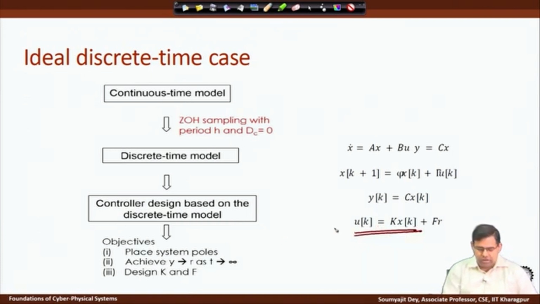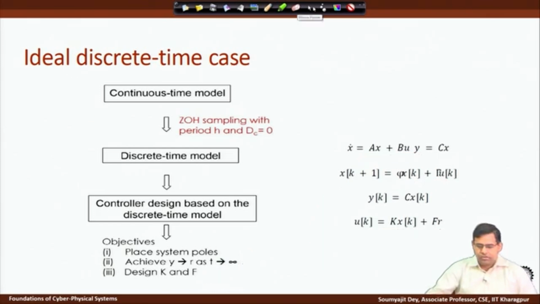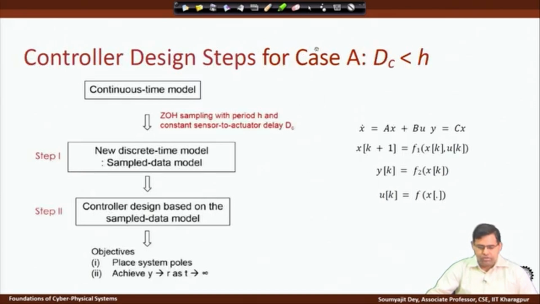You design the controller based on the discrete time model, from phi, gamma and so on, apply pole placement or other techniques, and derive K and F, and then you see whether you meet your objectives of catching up to the reference trajectory or not. That is your ideal discrete time case. But in this case your situation is different. You have to think about how to design your controller so that it can tolerate this delay and nothing gets violated.